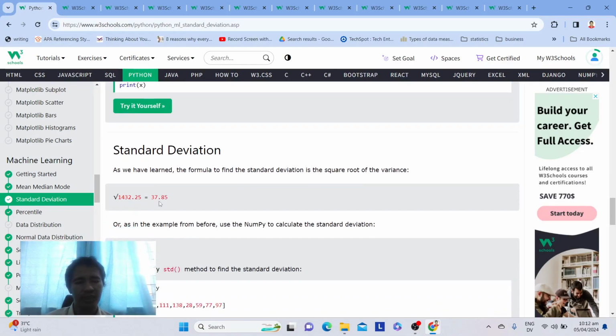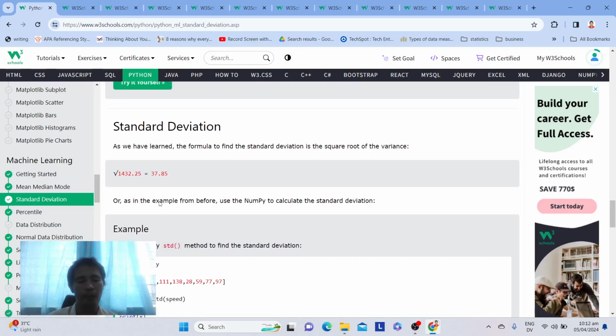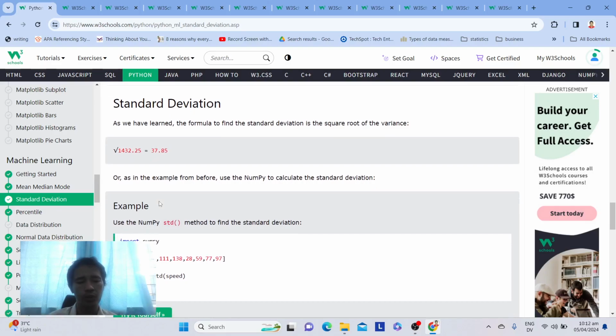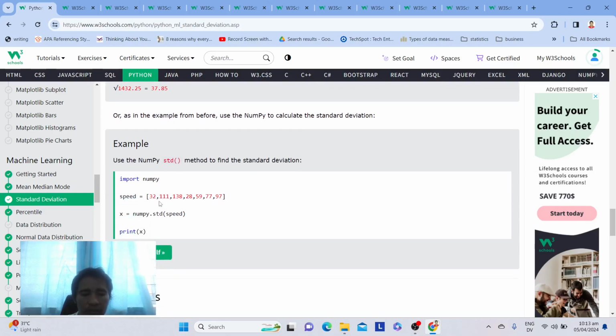As we have learned, the formula to find the standard deviation is the square root of the variance. So the square root of 1432.25 is 37.85. This is similar to using numpy.std. You can use the standard deviation method, or you can use the variance and take its square root, and you will get the same result.